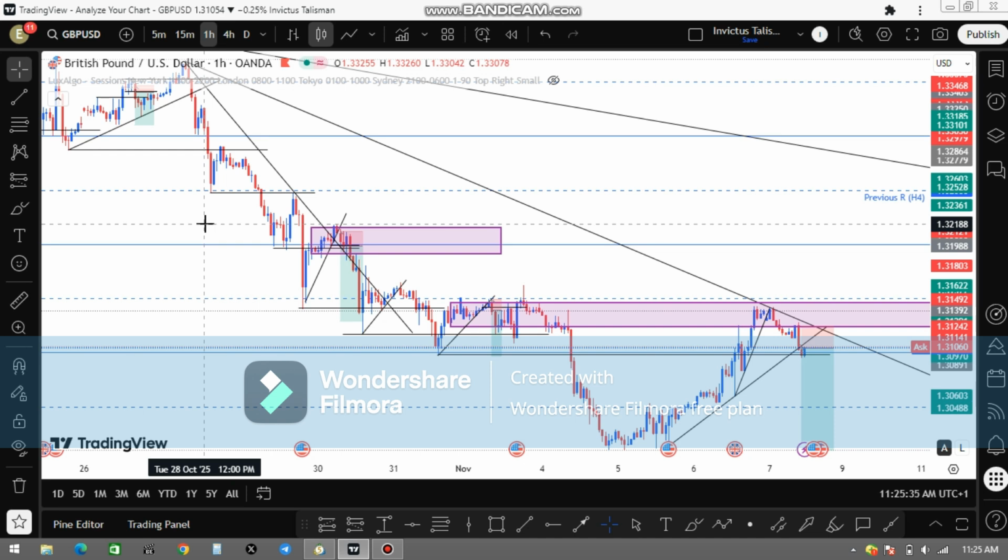And the third step is for you to look for confirmation. Now, looking for confirmation is a bit tricky because you have to be patient and you have to be watching price very carefully, so you don't end up taking the wrong setups with the wrong confirmation. So what am I trying to say here?